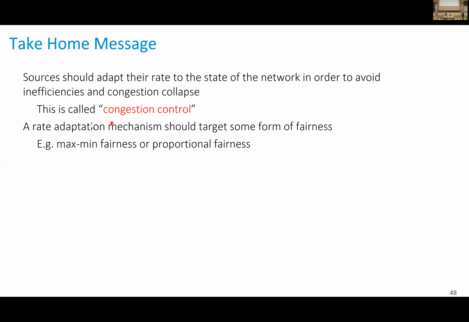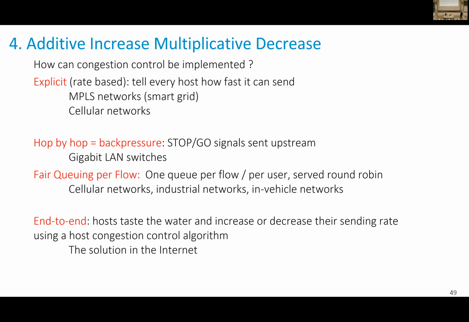So a rate adaptation mechanism, which is what we will see now, should target some form of fairness. We have seen two notions here, but ideally, perhaps we should target something that is close to proportional fairness. So that's the theory, at least the first part of the theory.